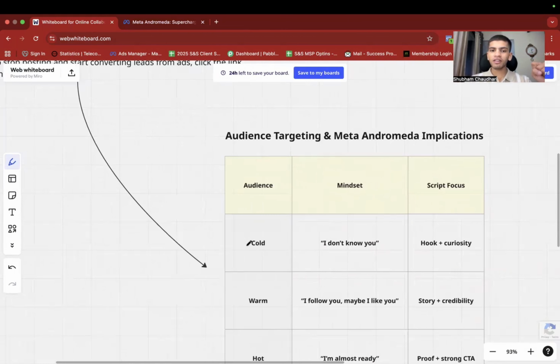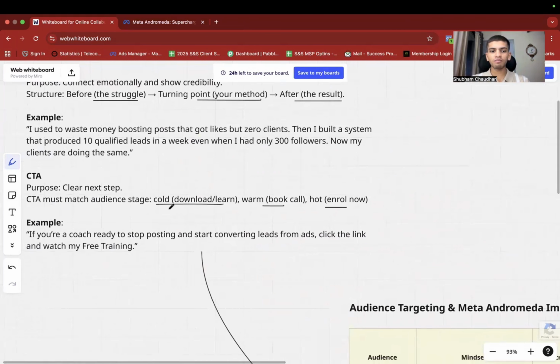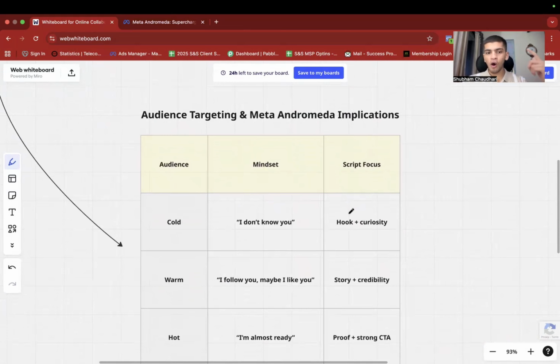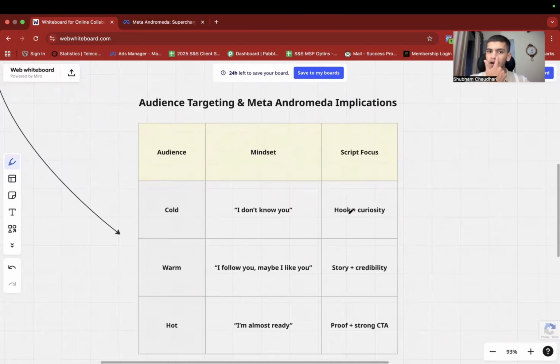So the next step is understanding your audience targeting, because I said it is very important that you understand your target audience and then script your ad. If you script an ad for the wrong type of target audience, you're going to attract the wrong type of people, right?